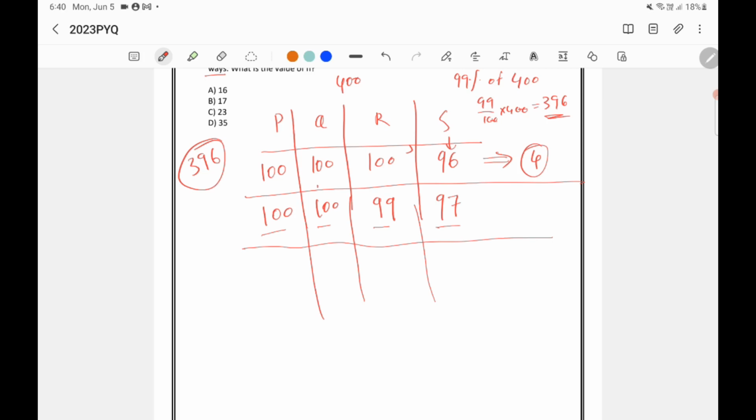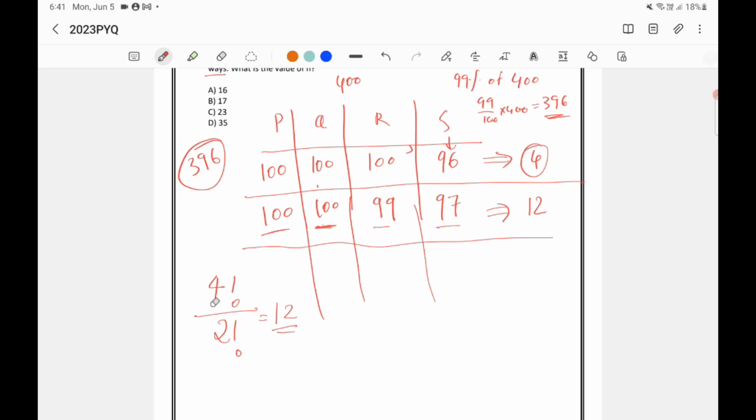You know that if the marks are different, then there will be a total of 4 factorial possibilities, right? But here 2 papers are getting the same mark, so you need to do 4 factorial by 2 factorial. So if you do 4 factorial by 2 factorial, you will get 12. So there are 12 ways in which the group 100, 100, 99, 97 can be arranged among the 4 papers P, Q, R and S.